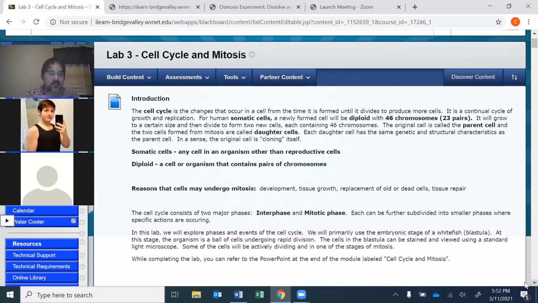Now, every cell in the body, and I mentioned this last on Tuesday, has the full instruction book to function correctly. There are 46 chromosomes in a somatic cell. Chromosomes are the structures that house the DNA.